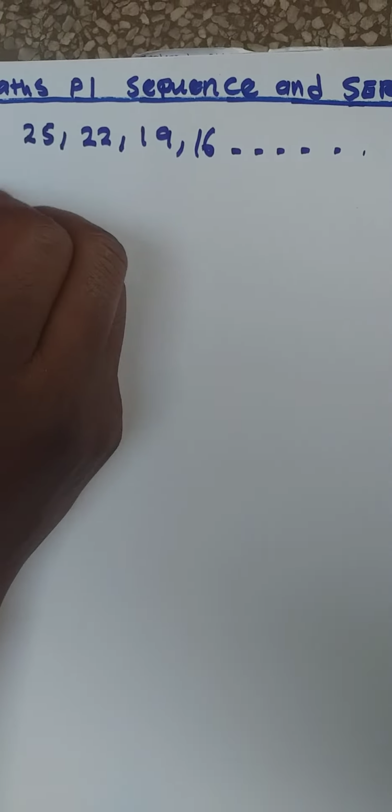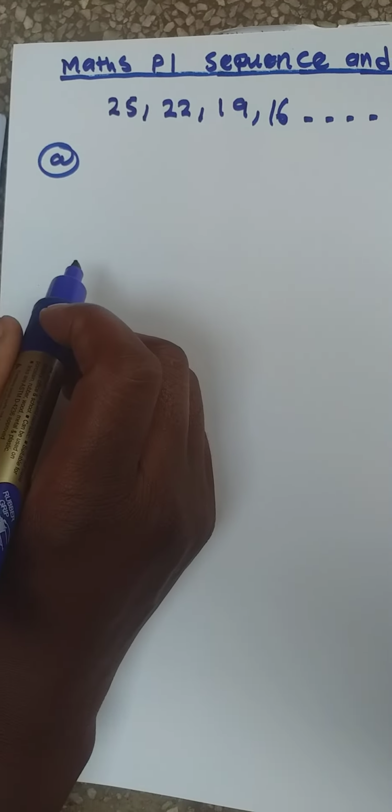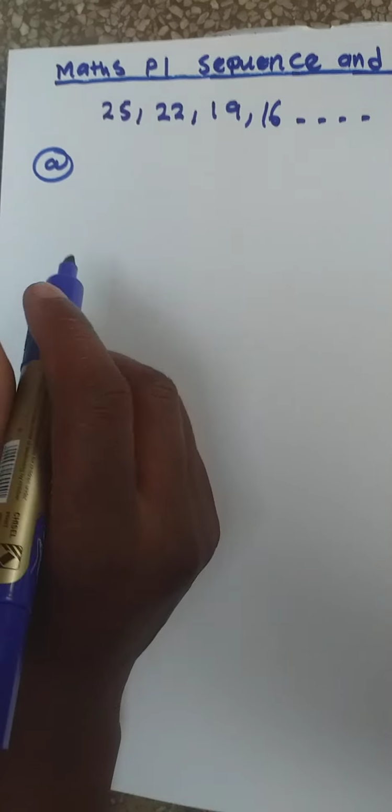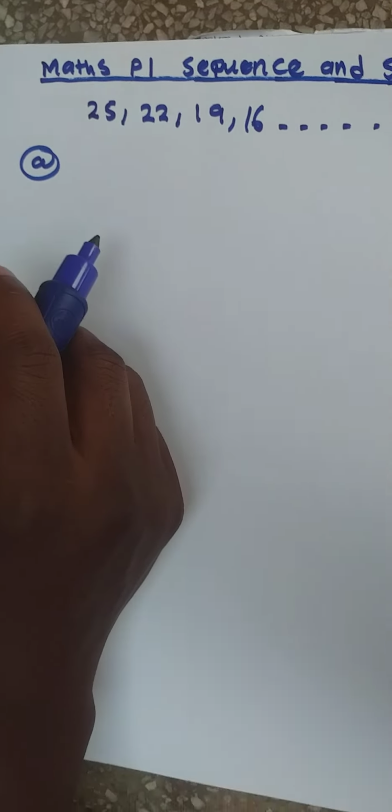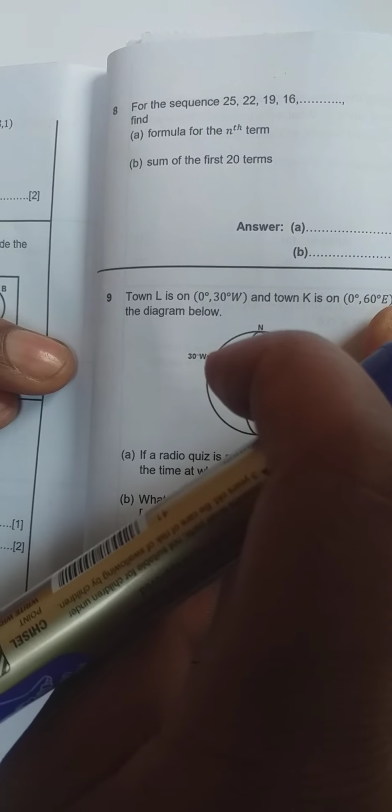Question A is saying find the formula for the nth term. Then the second one is saying find the sum of the first 20 terms.